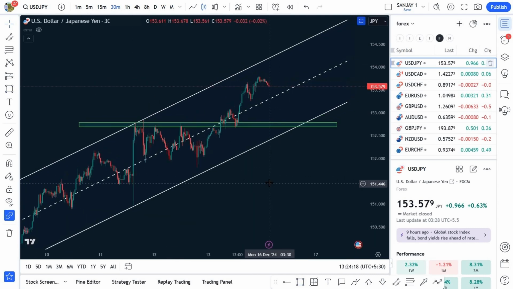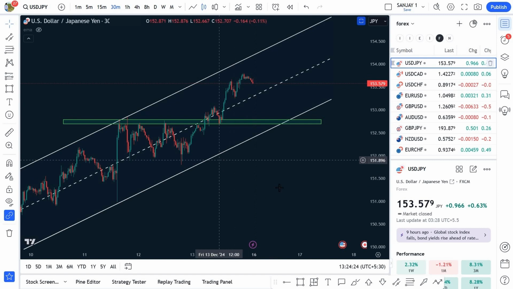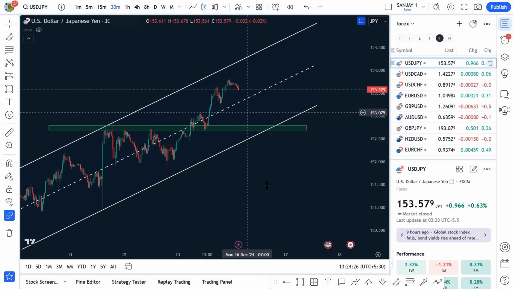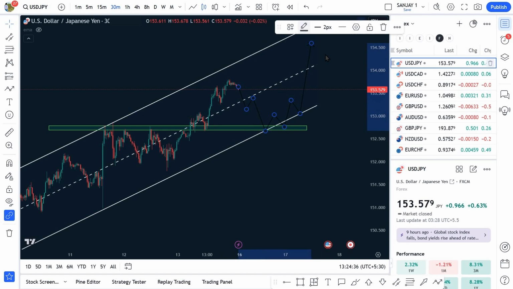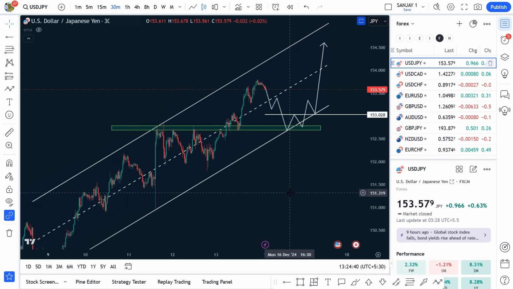USD JPY is a little bit high in the zone as of now, so we should wait for a move down towards this channel support area to initiate new long positions if it forms a good base around this level.